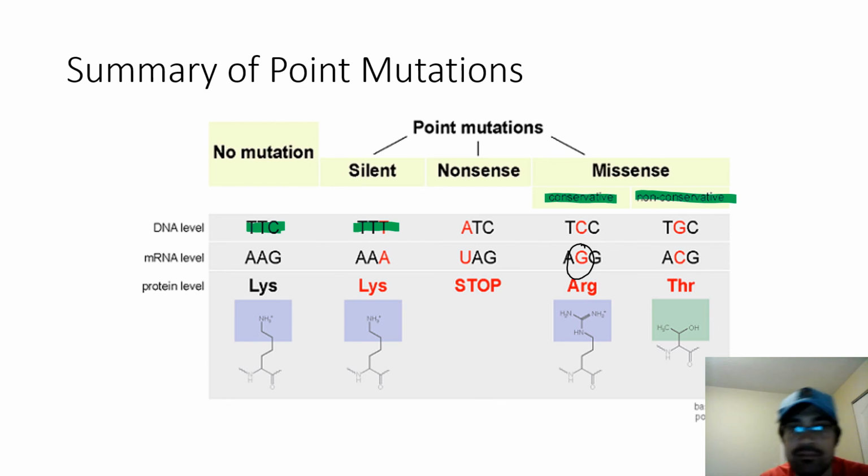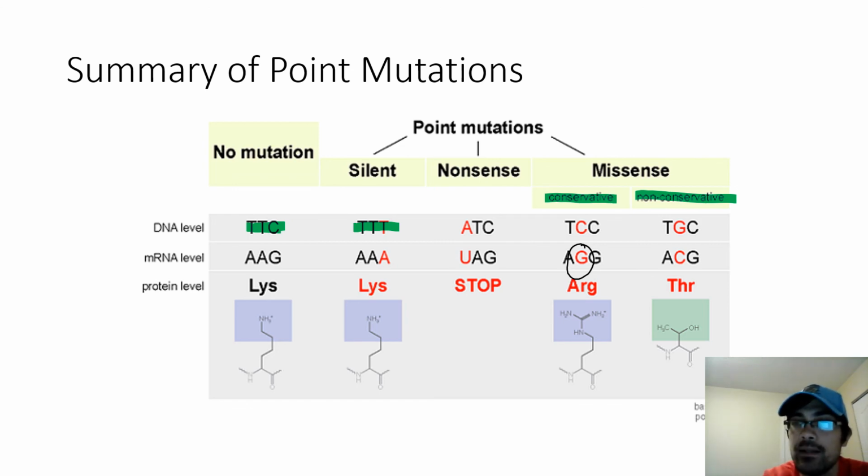But a non-conservative change tends to be much bigger from the original than a conservative one. A conservative one is still pretty close to the original structure, so there might not be as big of an effect, whereas non-conservative is totally different, functions in a different way, and is structured in a different way, so we tend to see a bigger problem there.